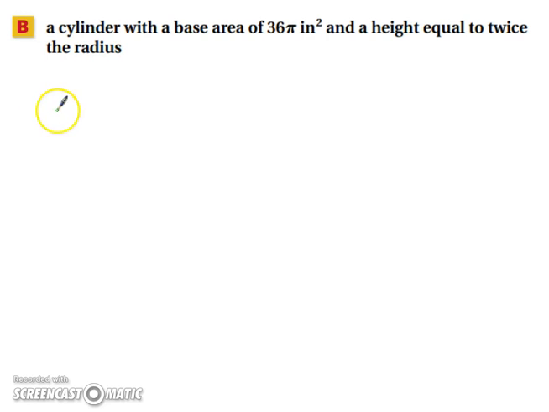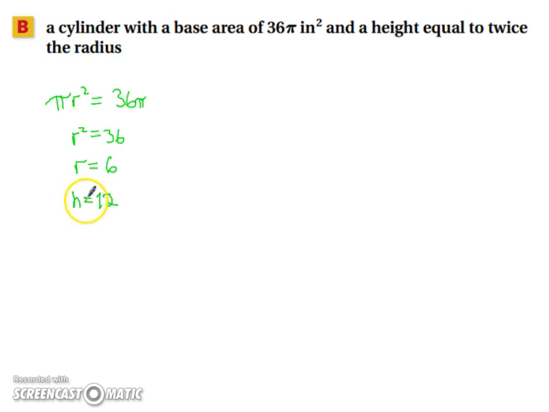So, we know that pi r squared equals our base area, which is 36 pi. Since pi is on both sides, we can divide pi on both sides and get rid of it. Now we just need the square root of 36, so our radius is 6. Now our height is equal to twice the radius, so therefore our height is 12.